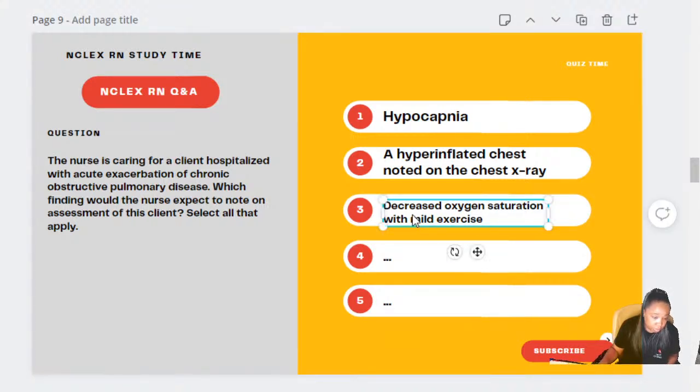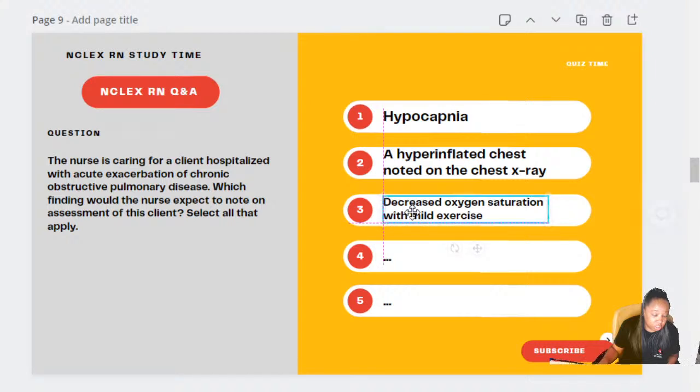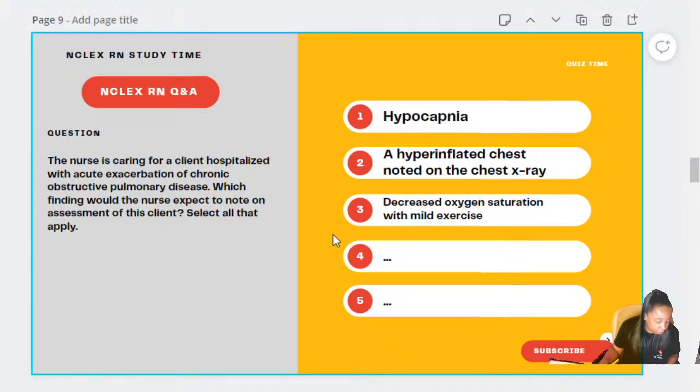Yes, even the oxygenation goes down in a COPD patient. That's why it's very important to know about COPD patients, because you cannot give them a high level of oxygen. That will knock the hypoxic drive. That will cause them to have shortness of breath. You cannot give them too much oxygenation.